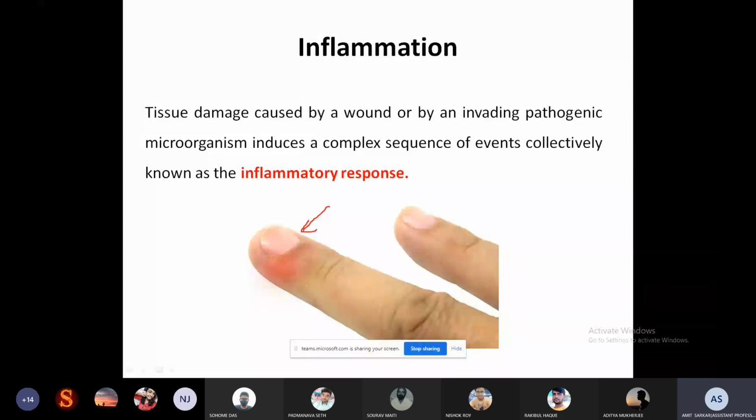If you imagine this is an index finger or your thumb, you cannot hold it properly because of the pain. That is also a problem. So: feeling pain, temperature increase, becoming red, and you cannot use that particular finger properly.